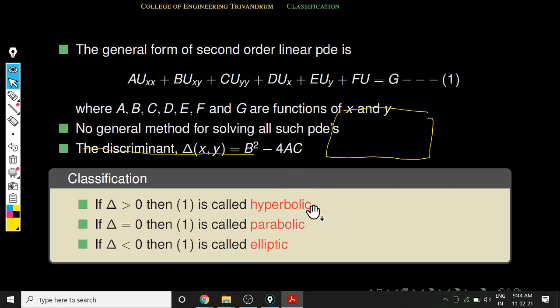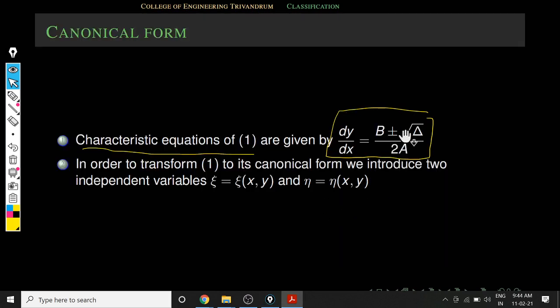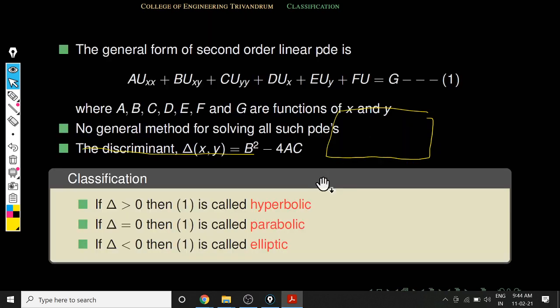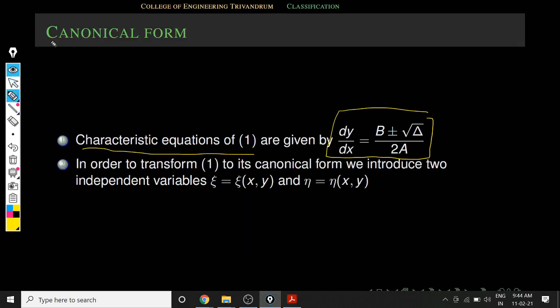Depending on the nature of delta, the right hand side may differ. Hyperbolic means delta is positive, parabolic means delta is 0, elliptic means delta is negative. Suppose the case is hyperbolic. What about the square root of delta? If it is hyperbolic, then delta is positive, which means the square root exists as a real number.